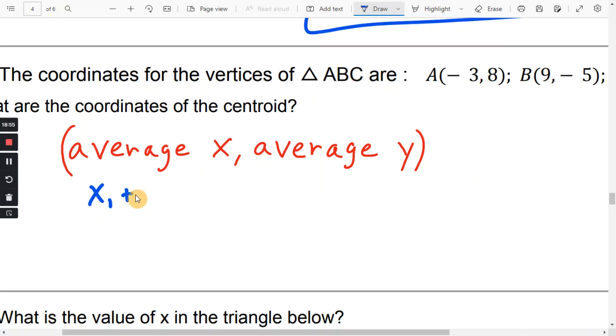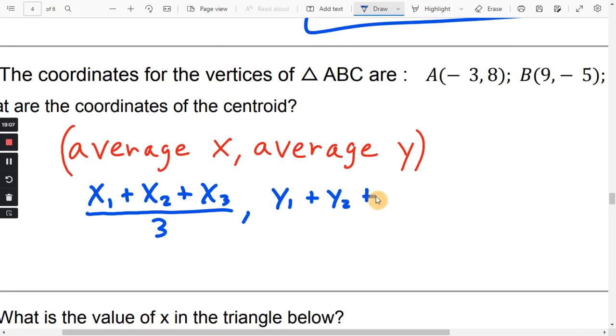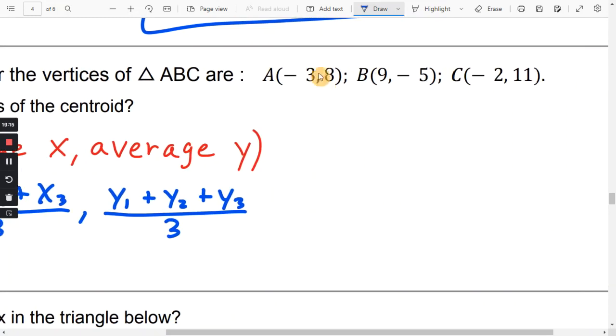So we're going to do x1 plus x2 plus x3 divided by 3. And then we're going to do y1 plus y2 plus y3 divided by 3. Okay, so for the x's, -3, 9, and -2.